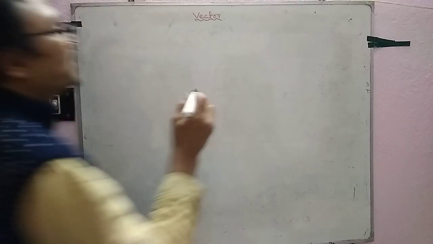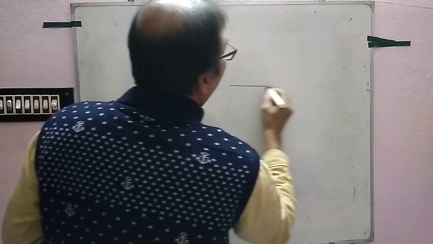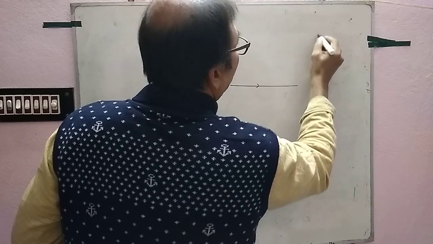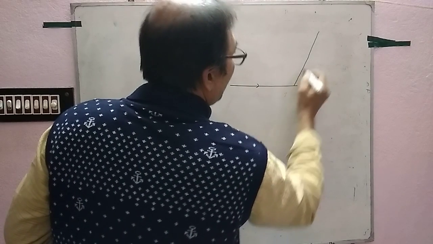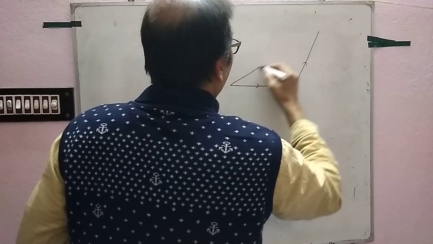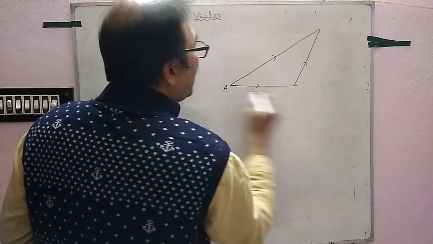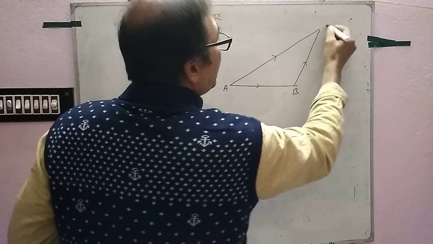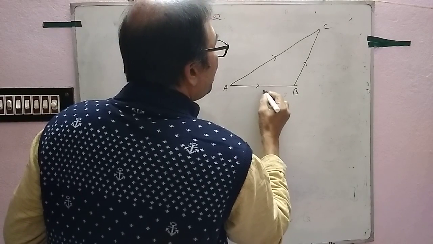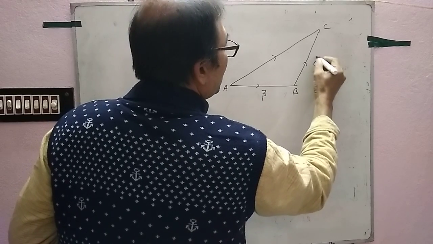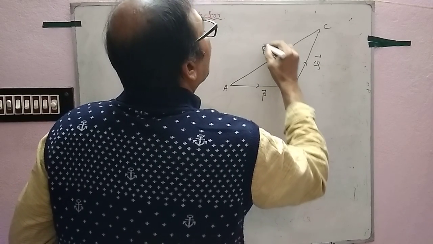Follow. This is a triangle A, B, C. This is P vector, this is Q vector, this is R vector.